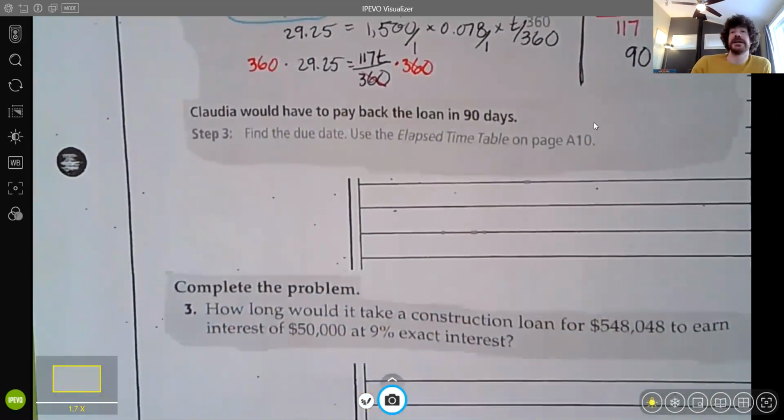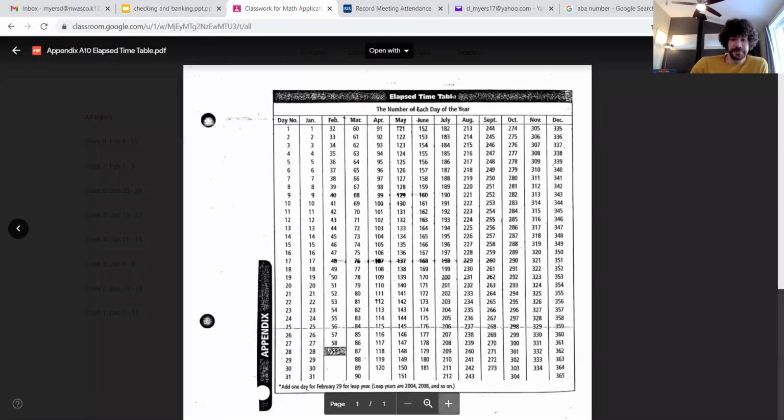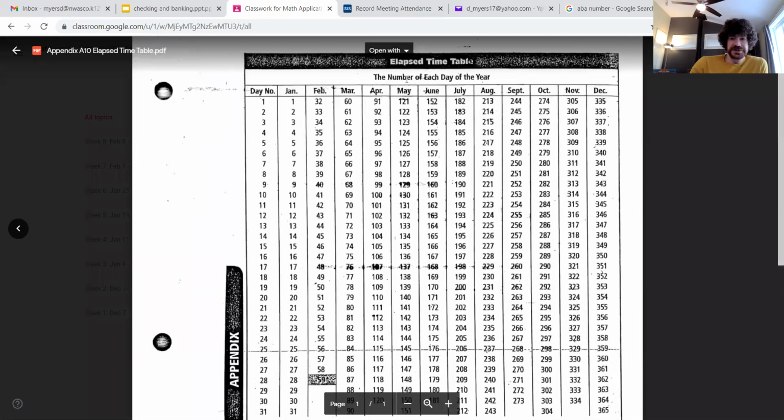Now I've included that once again in the notes section for today's notes right here, appendix A110. So let's see, March 1st is day 60 in the year. Okay, so March 1st is day 60.